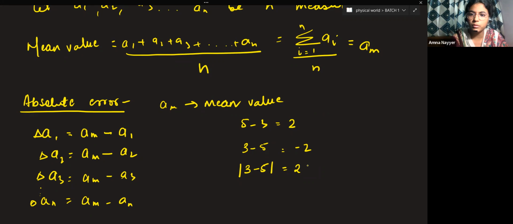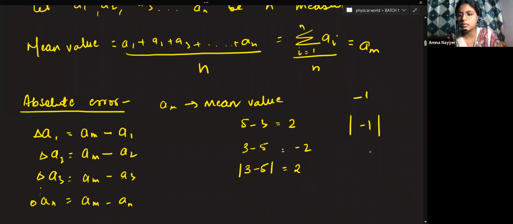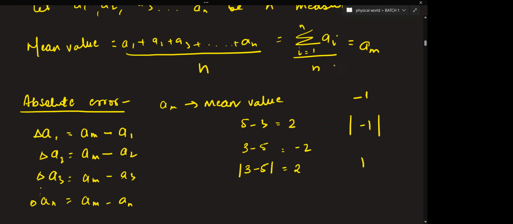Otherwise, for your calculations, you have to put mod. Mod is the mathematics modulus, which you must have studied in your lower classes. If I have minus 1 and I put modulus, the magnitude will become plus 1. Clear enough? All right.